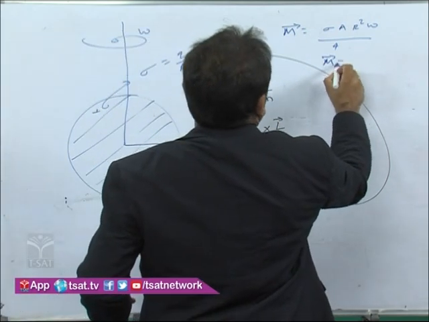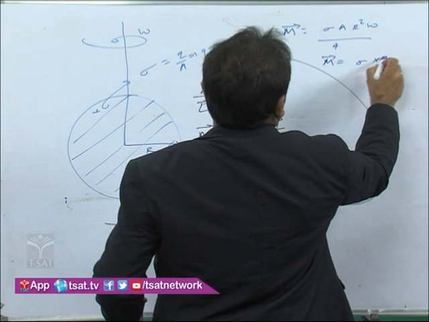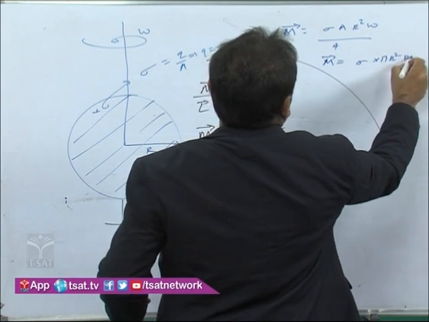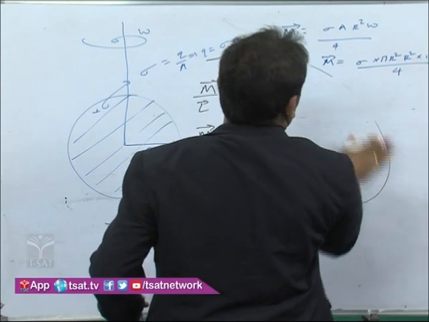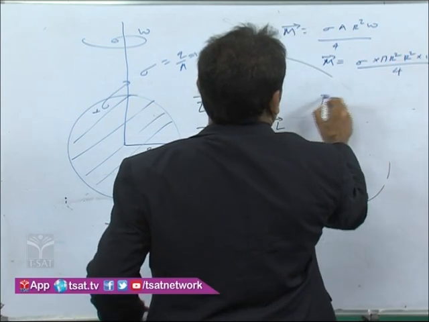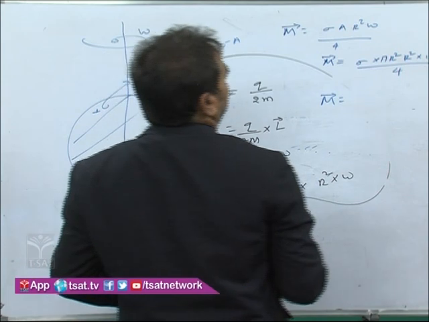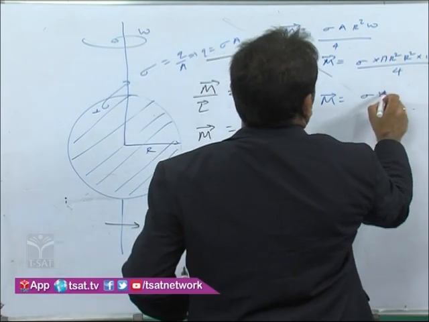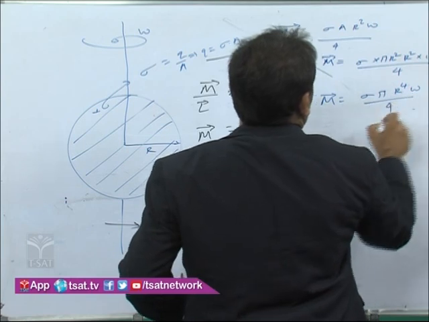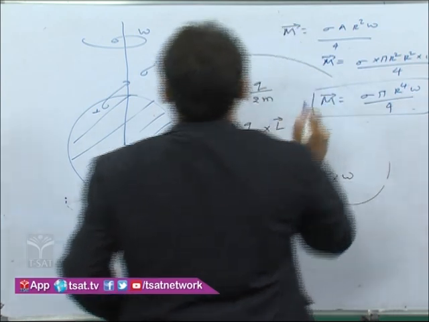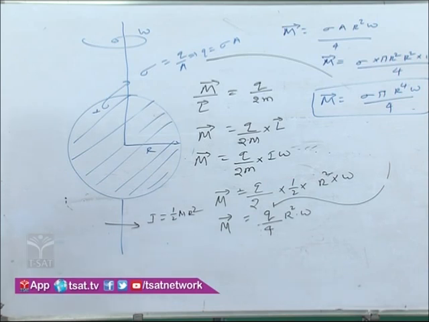So m bar = sigma into pi R square into omega upon 4, that is, m bar = sigma pi R to the power 4 omega upon 4. This is the final answer of this application.